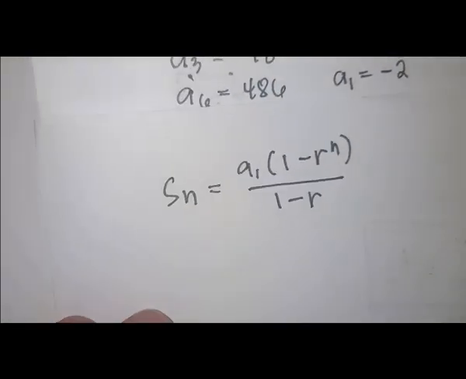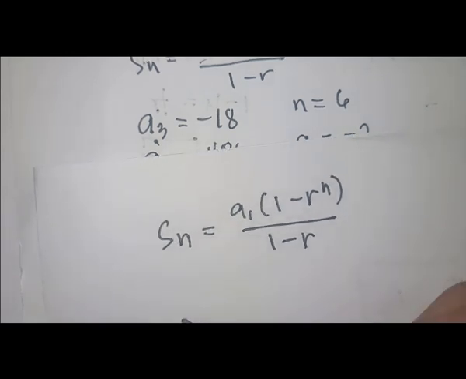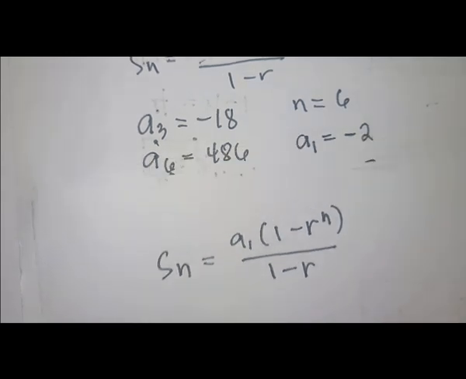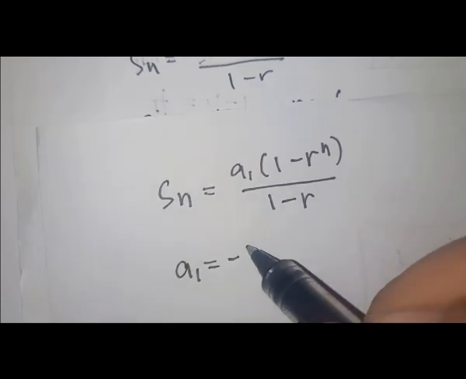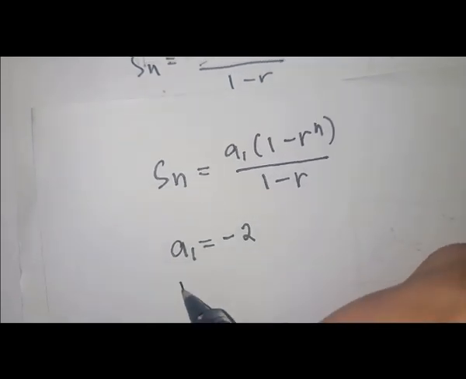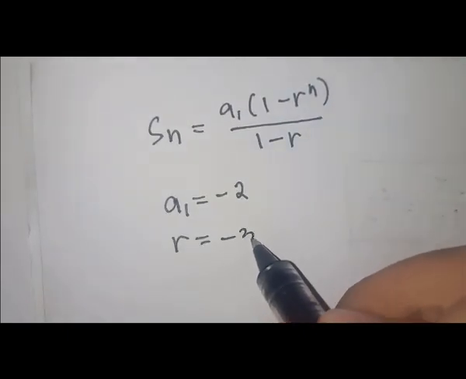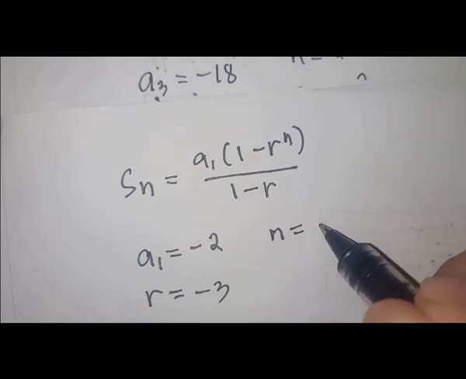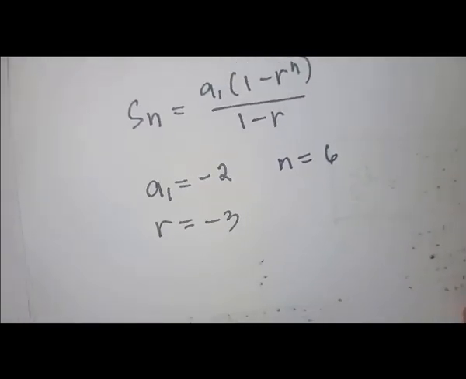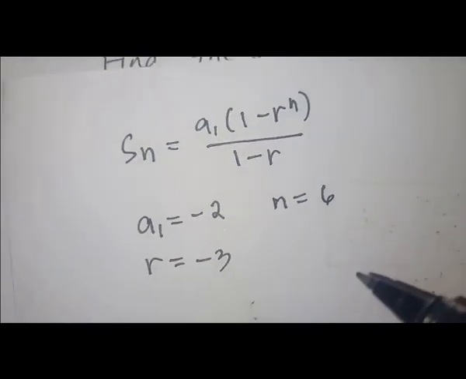Re-write lang natin yung mga given na nakuha natin na kailanganin natin. Yung a sub 1, which is equal sa negative 2. Yung r, na equal sa negative 3. Yung n, na equal sa 6. Okay, so let's continue the solution.